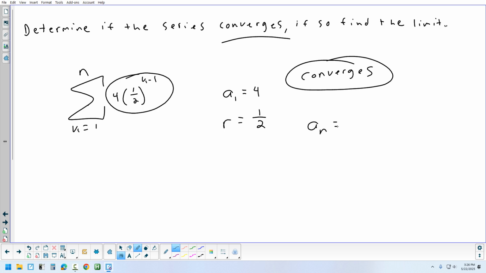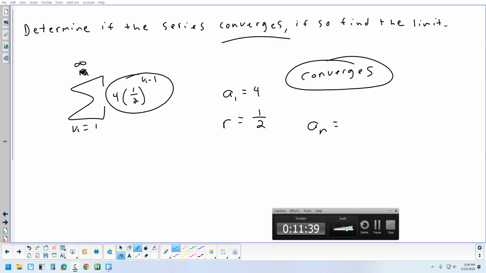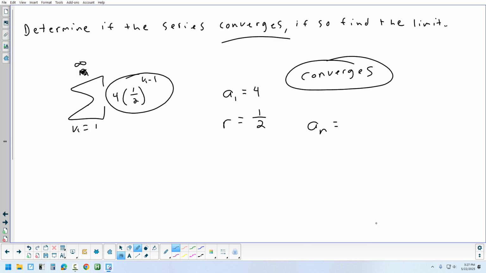Now, I want to look at what would happen if we added up all the terms from, you know what, let's not go to n, let's go to infinity. If we just added up all the terms forever. All right, what's the formula for adding up an infinite amount of terms in a geometric sequence? Okay, so what's our formula we're going to use to add up all the terms in this sequence?